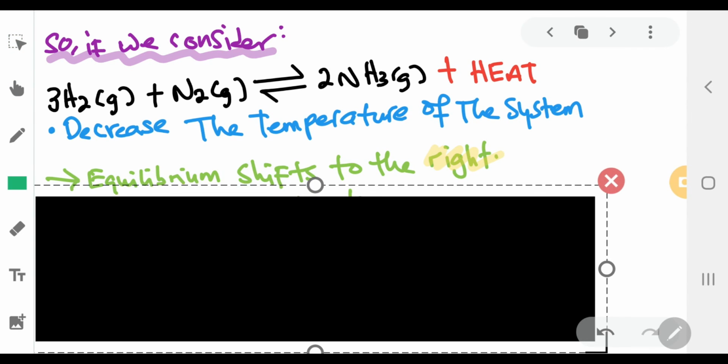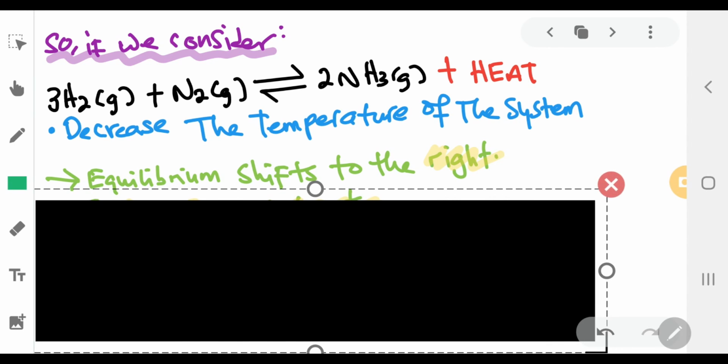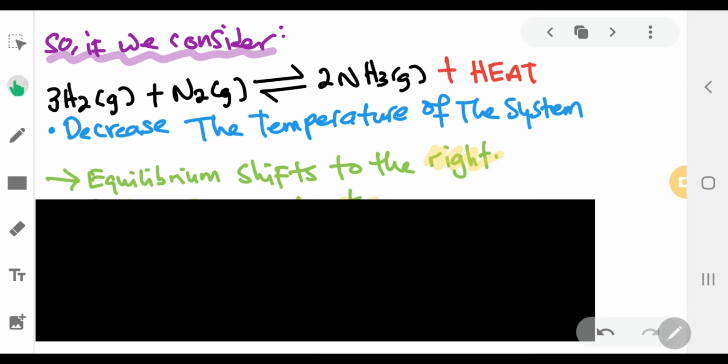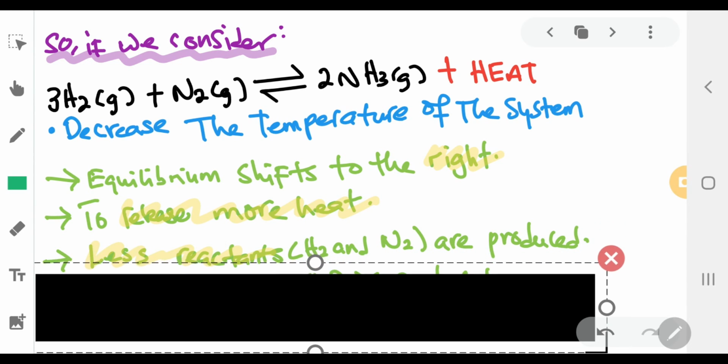And yes, equilibrium will shift to the right when you decrease the temperature, because right now you are losing heat, so we want to make more heat. Therefore, for the reaction to do that, the reaction will proceed to the right to release more heat.